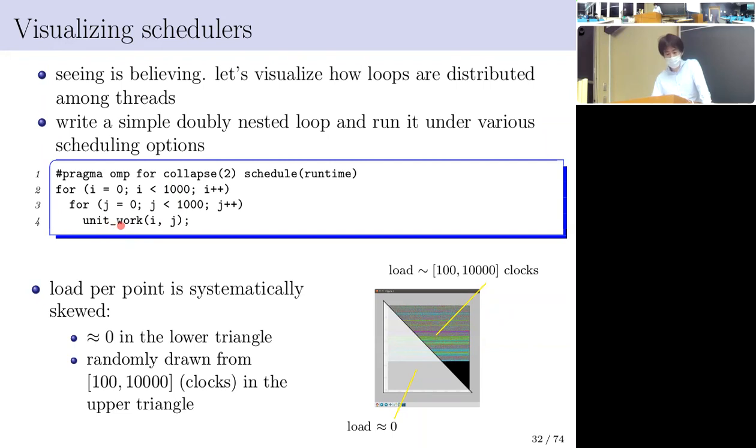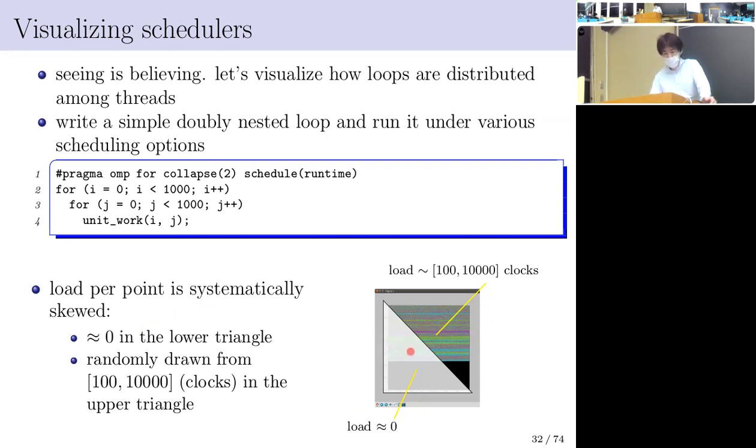Each iteration does something called a unit work, and the amount of work done by this unit work depends on where i and j exist in this entire iteration space. The amount of work is systematically skewed, just to show how different scheduling strategies have different performance.